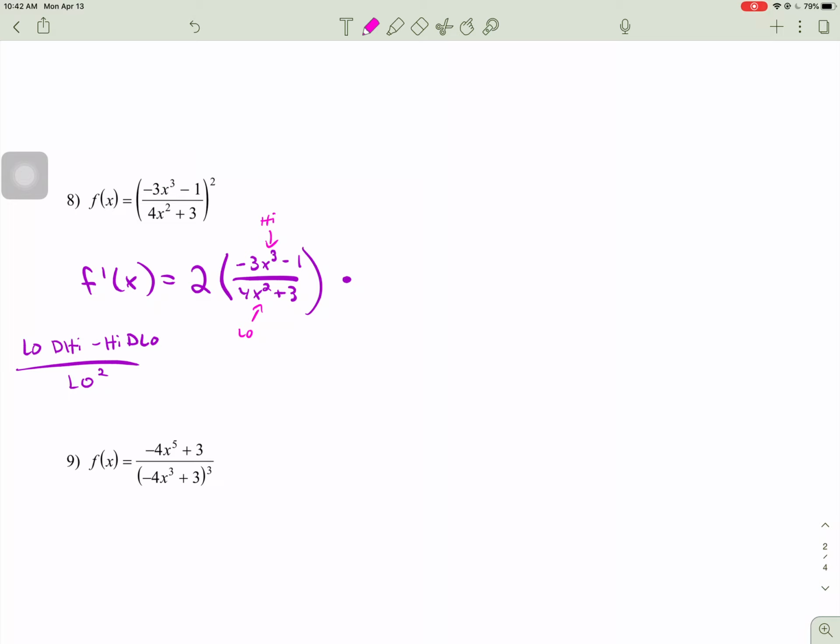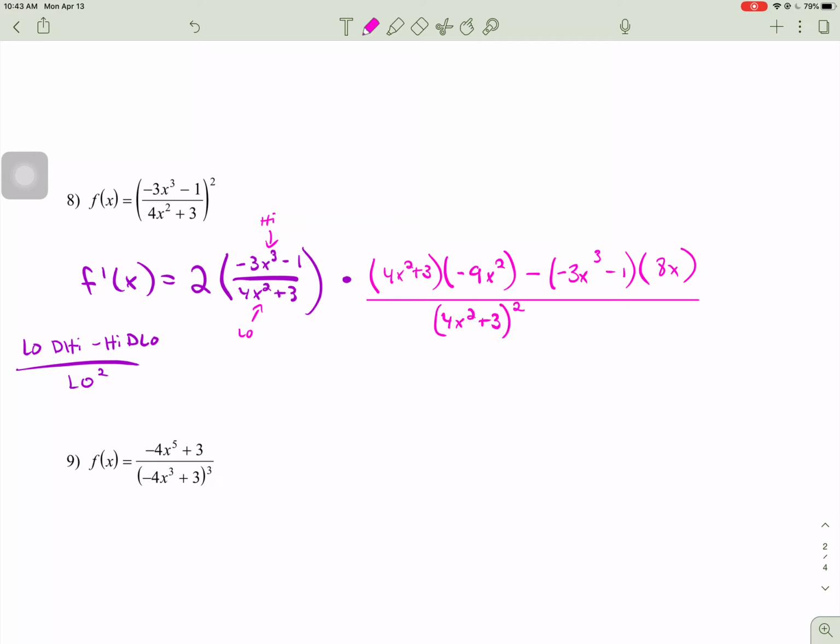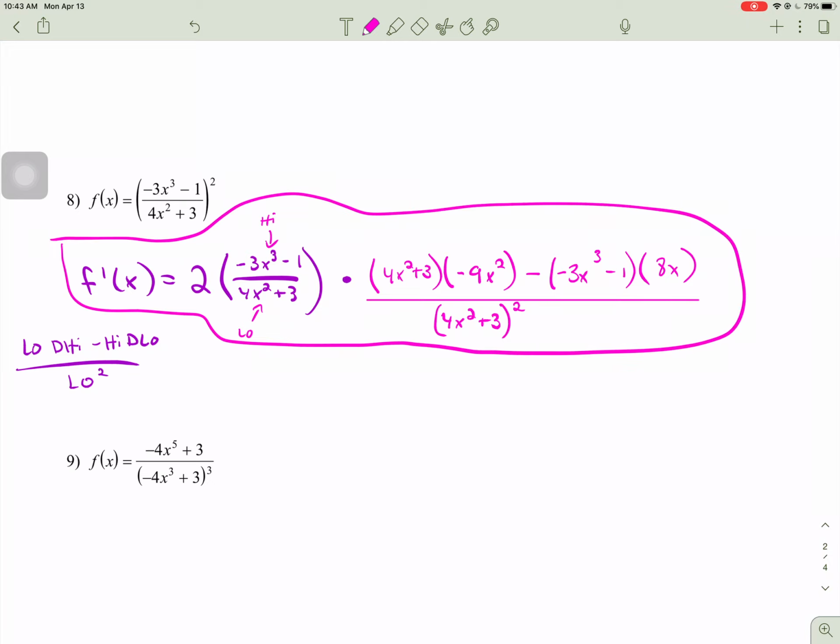So, low, derivative of the top is negative 9x squared, minus the top times the derivative of the bottom, which is 8x, over the denominator, the whole thing in parentheses, squared. And there you go. Yeah, it's kind of weird, but this whole thing is the derivative.